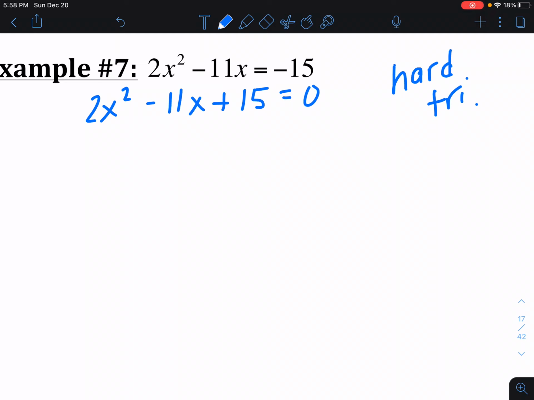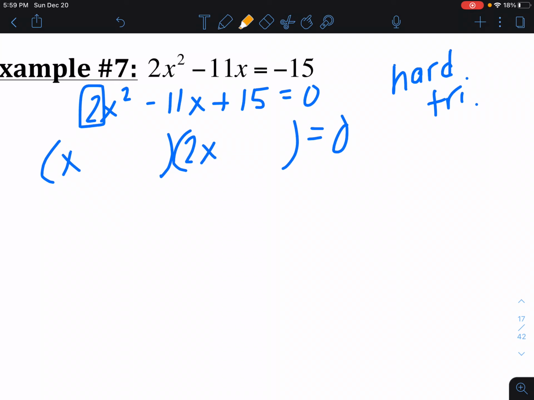So the way I taught you was the guess and check method. So we're going to go to our 2 binomials here. Now for the x's in the beginning, the a is 2. So our only combinations for 2 are x and 2x. And then our sign rules.